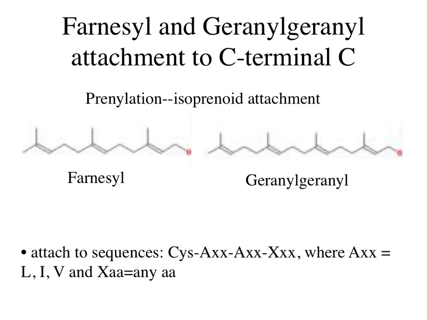Farnesyl and geranylgeranyl attachment. Like I said, they're attached to sequences that have Cys-AAX, where A is leucine, isoleucine, or valine, and X is any amino acid, and then afterwards it gets processed or cut off, and we had shown this before.